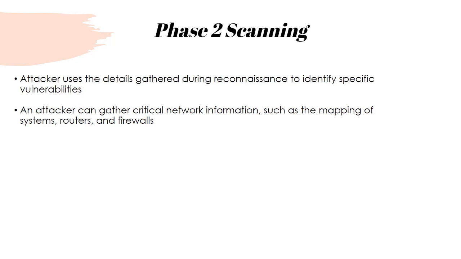Let's say the marketing department, how are they set up versus the sales department versus the HR department, right? And then how do they all connect to the main network of the entire system? And so they're looking at how everything is set up, all the different firewalls, essentially looking at any roadblocks that may come into play with the actual attacks that they're planning.